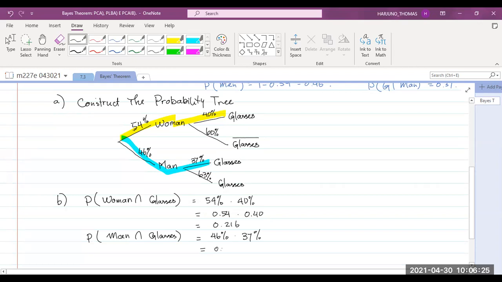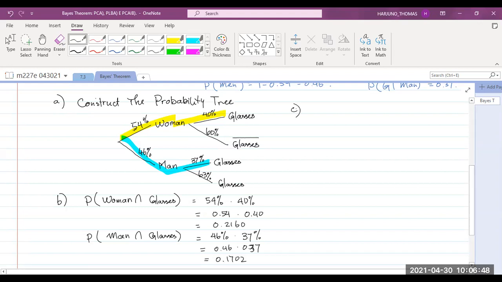Change it to decimal. I get 0.1702. Okay, now that's for part B.